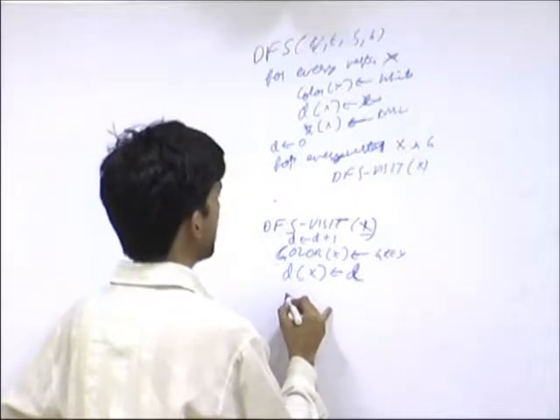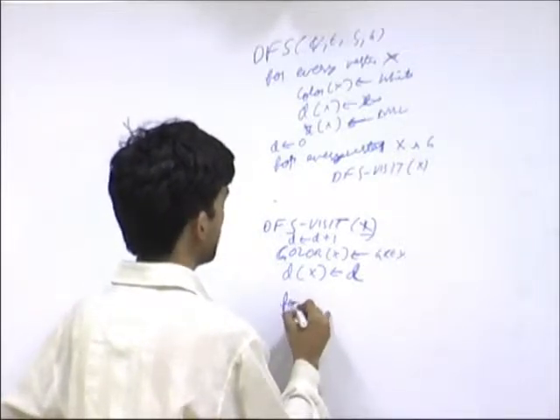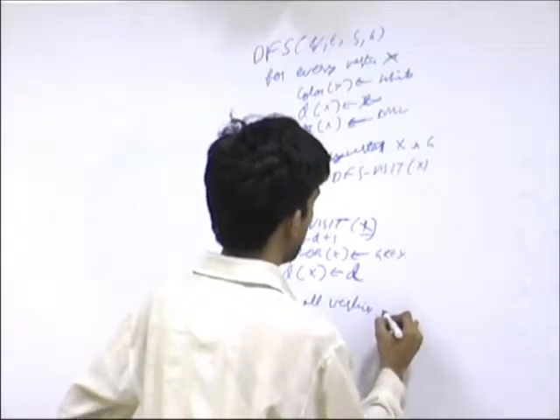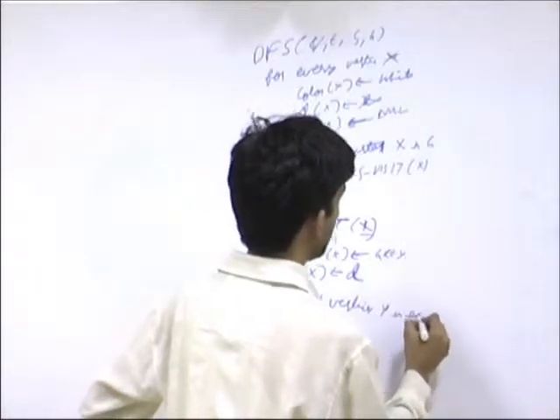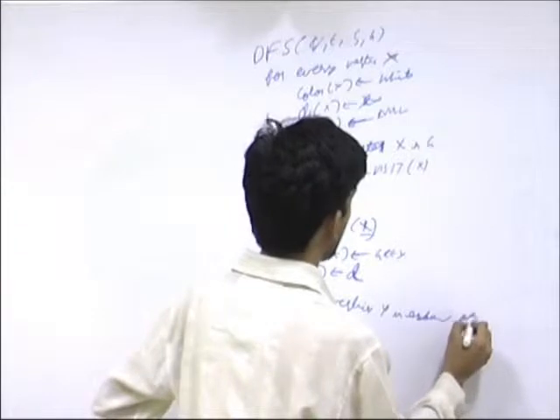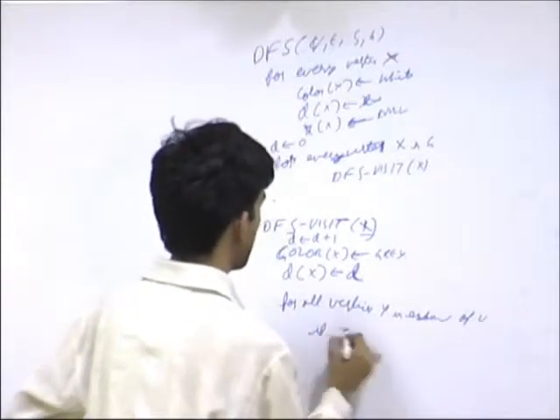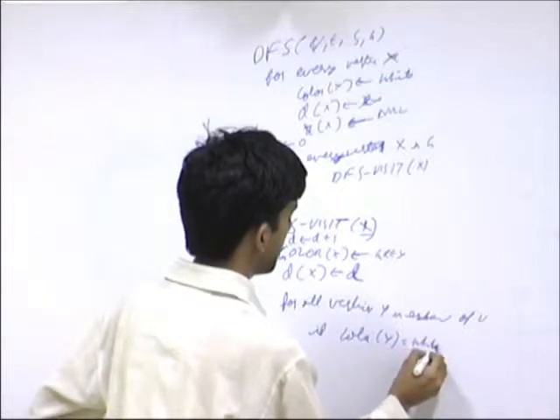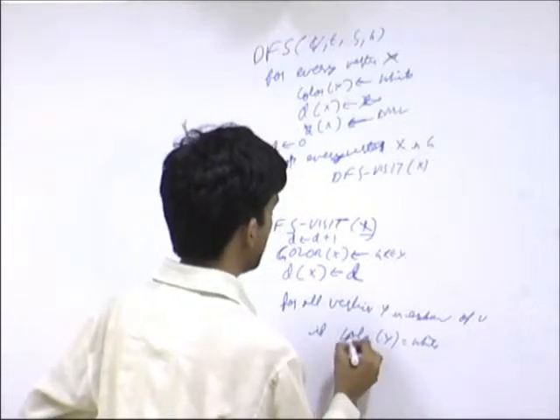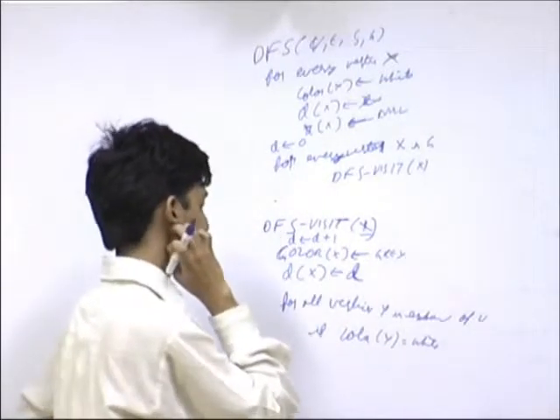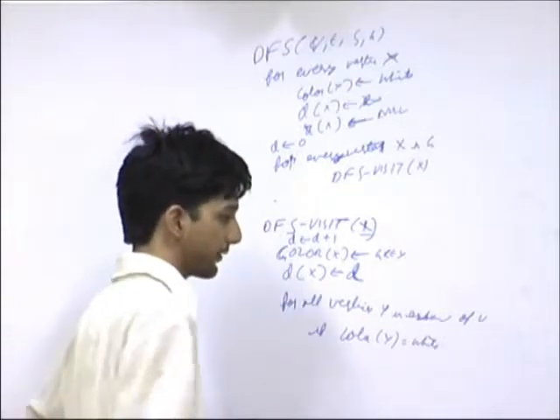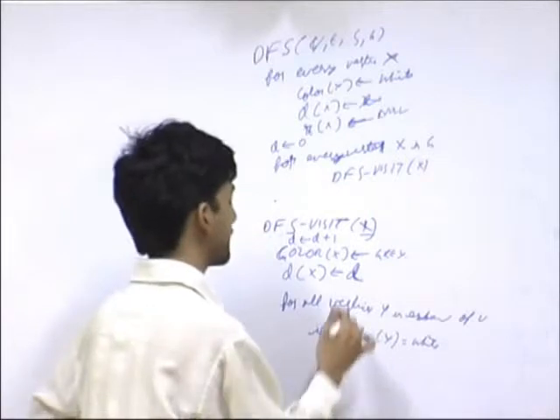I will simply say for all vertices y in the adjacency of V, if color is white, I'll need the parent information, that's only to trace the kind of structure in which this vertex was found.